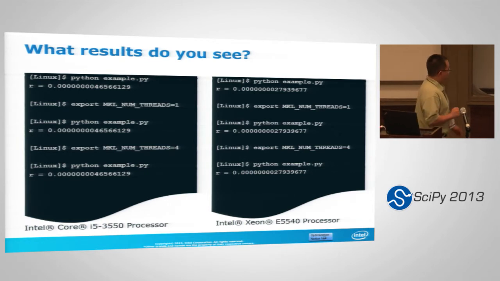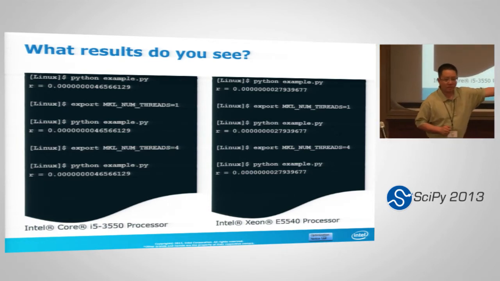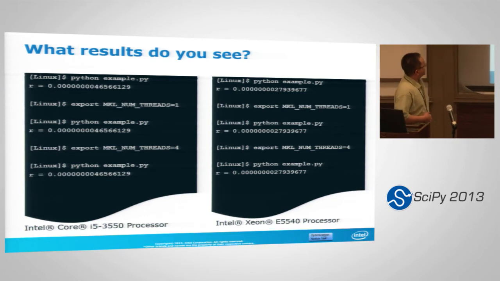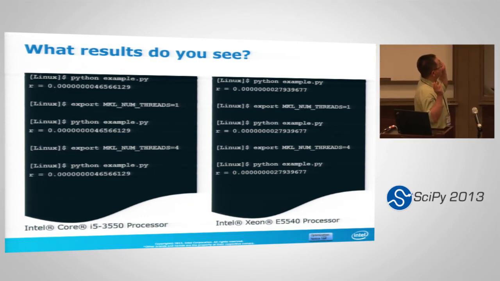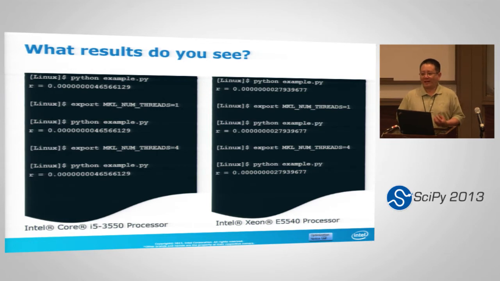This is the newer processor, this is the older processor, both from Intel. If we run it just like that, the result on either system is not exactly 0. That is fine. We know computers cannot represent floating point numbers precisely.